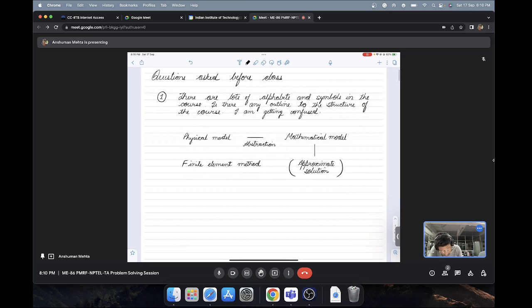For example, let's say we have some eraser, because actually everyone had this example.